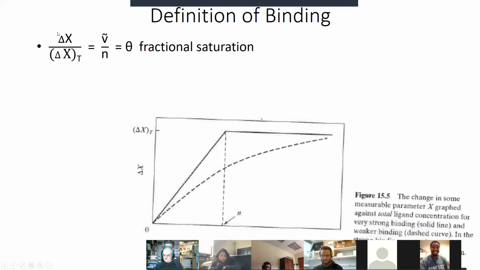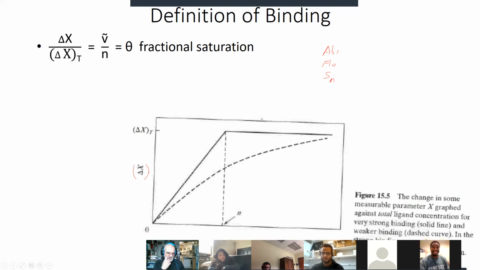This could be a change in absorbance, or a change in fluorescence, or a change in some kind of sedimentation coefficient that refers to a complex. So you're measuring something and summarizing it as a delta X, and using that as some way of knowing how much is bound.